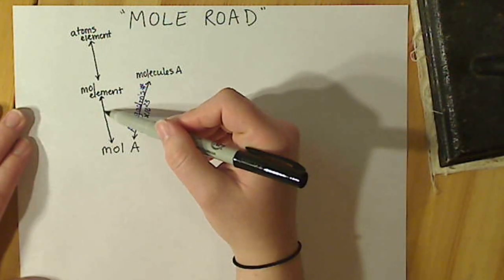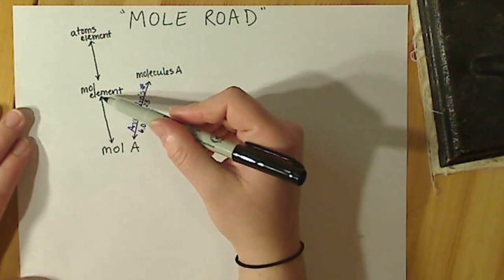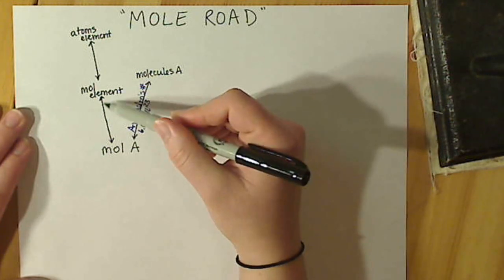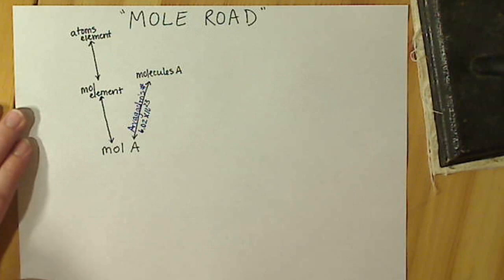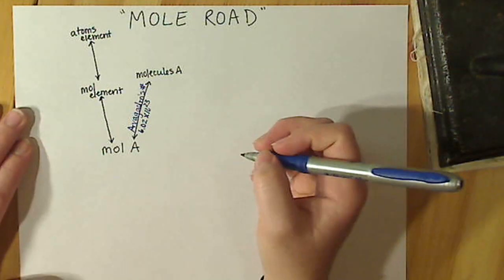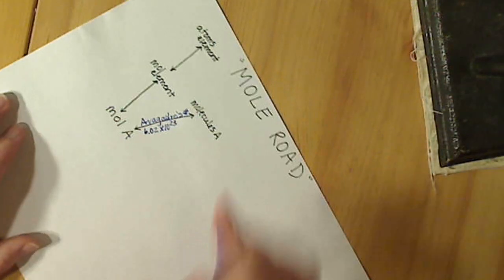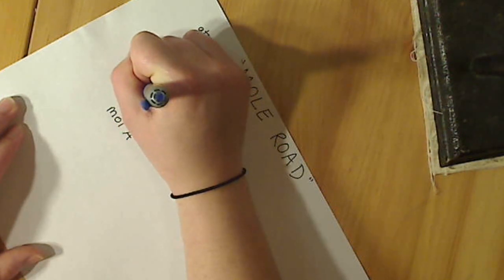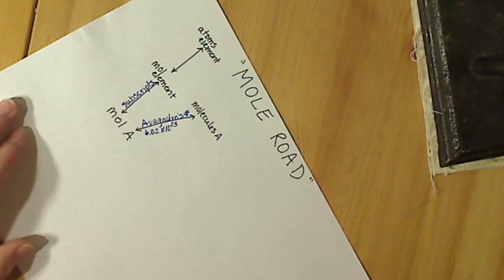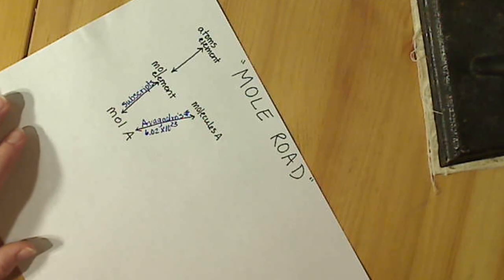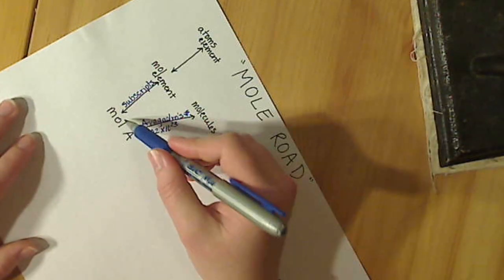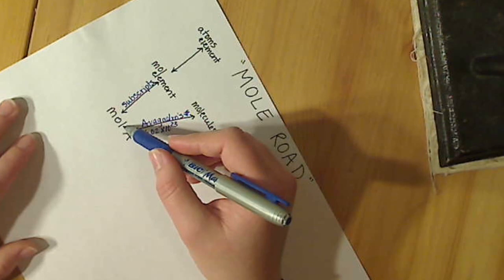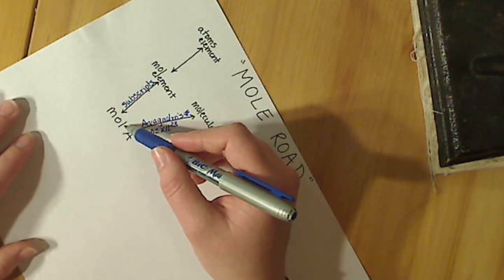This first conversion, to go from moles of A, moles of a compound A, to moles of our element, was where we used our subscripts. Alright, so the lower numbers in our formulas. Okay. I believe we used aspirin as an example there.